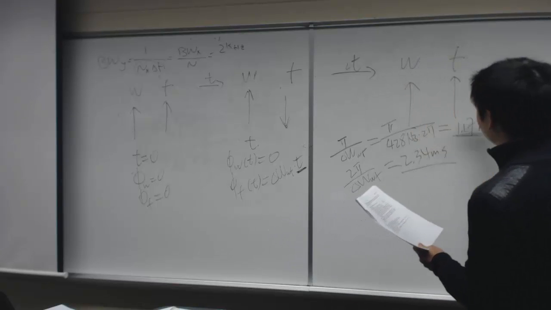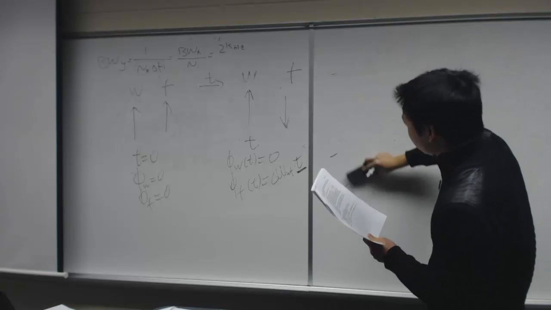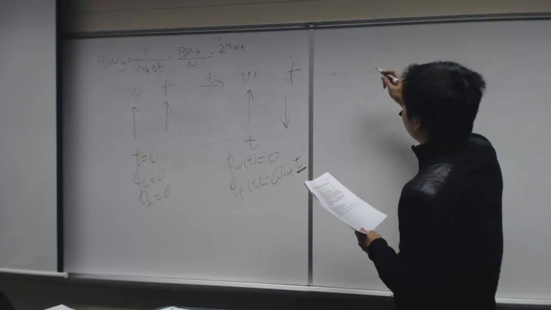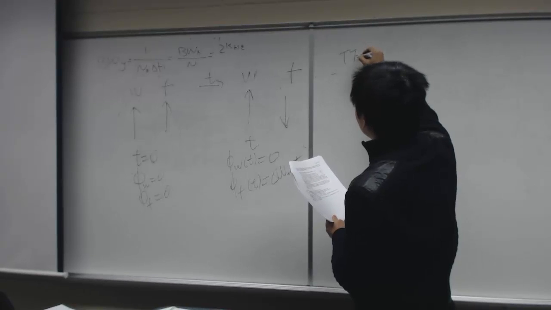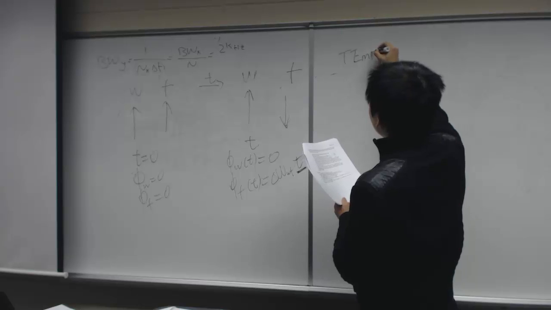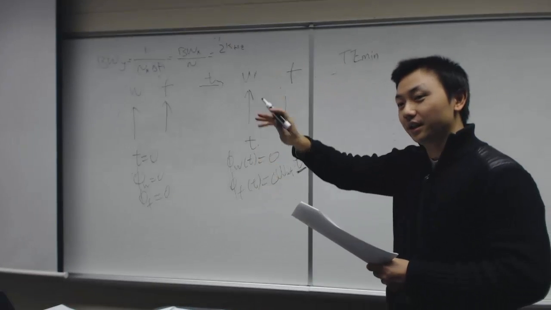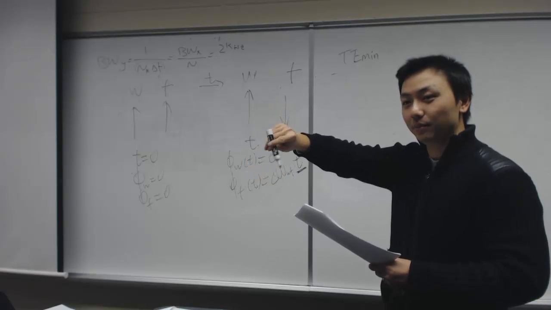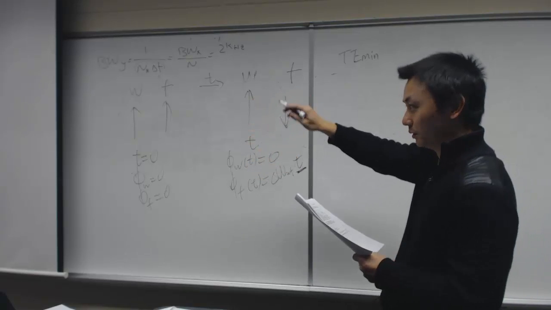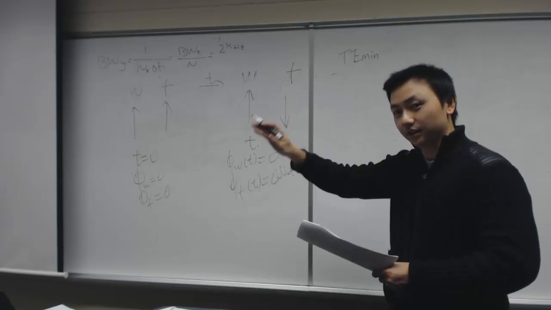Okay, so the next one is the more fun part in here. Now we have the TE for the minimum TE. As time goes by, it will go through this pi, 2 pi, 2 pi. So we will observe an oscillating pattern of the signal.